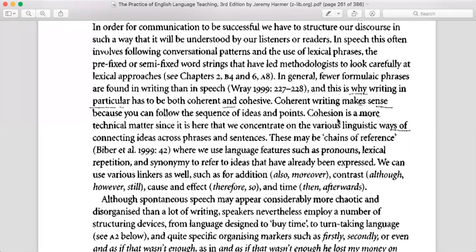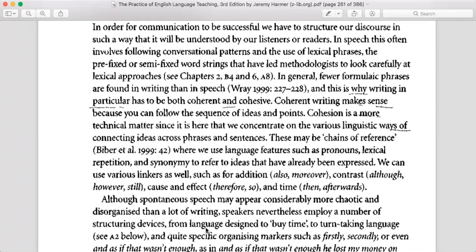Now, cohesion is a must, whether it's writing or speaking, in both of the productive skills. But when it comes to coherence, sometimes speech is not too coherent. People do not always talk on one topic.